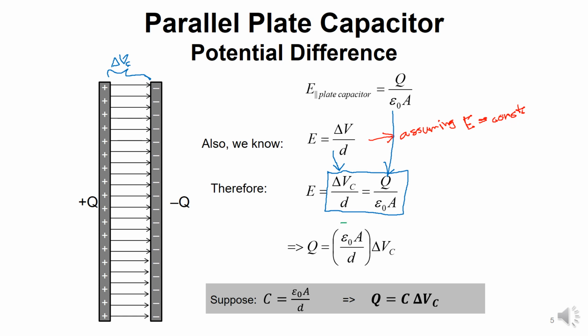Okay, and now let's look at the part inside the parenthesis of the equation. Inside the parenthesis, we have a number of constants. We have epsilon 0, A, and D. Okay, and might as well use a different color once again. So this part here is constant because it depends on the properties of the capacitor and on the universal constant epsilon 0. I will write constant for this, and when I say constant, it means it's constant for this particular capacitor. It depends on the properties of this capacitor.